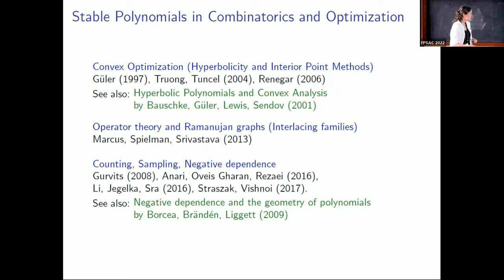And they've also appeared in algorithms for counting and sampling from discrete probability distributions. And in particular, there's a beautiful survey on negative dependence in discrete probability distributions and the geometry of polynomials.